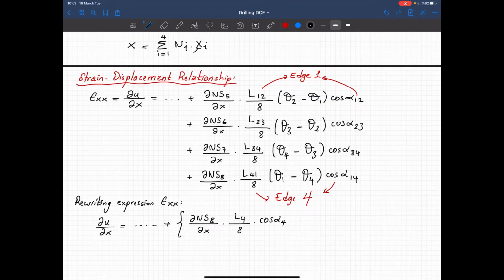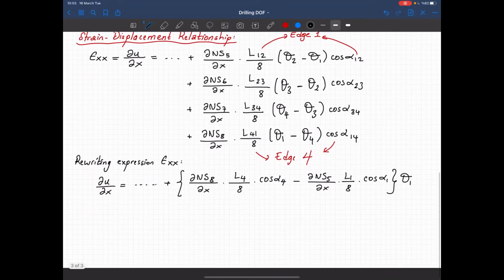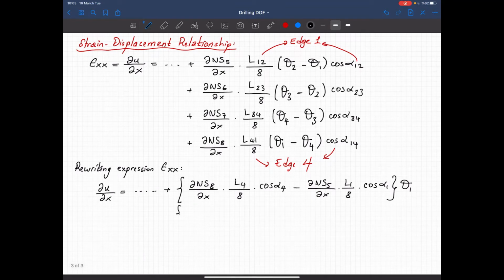Then I have this parameter here in front of theta 1, it's minus del Ns 5 divided by del x, L1 over 8 multiplied by cosine alpha 1, and this is the coefficient in front of theta 1 in the strain displacement matrix. Then I'll continue.